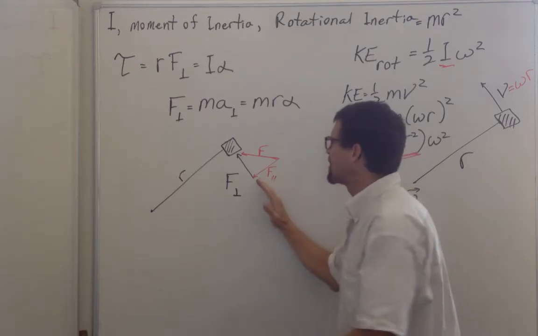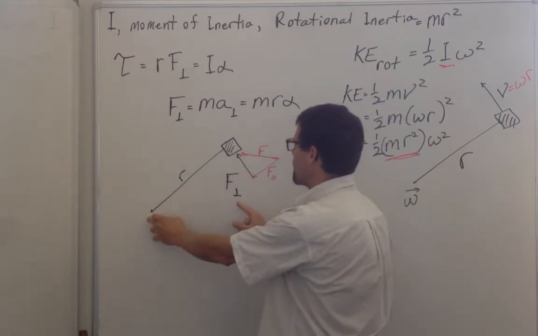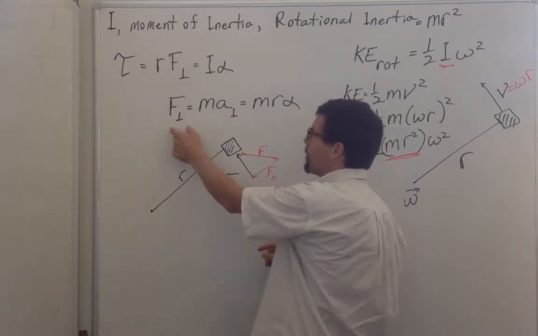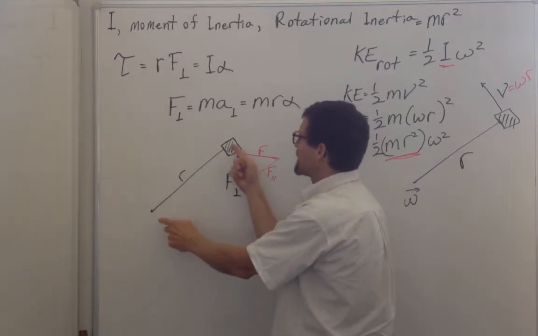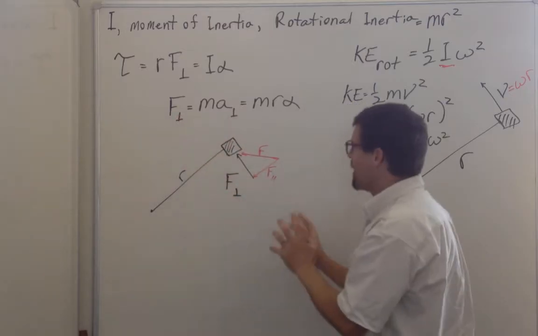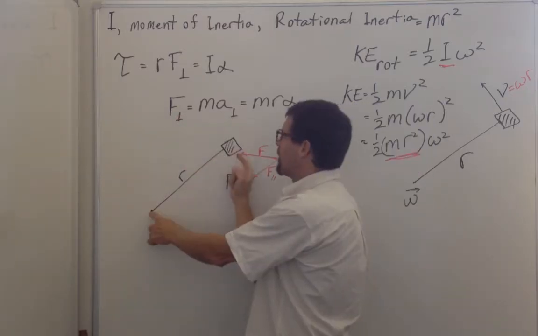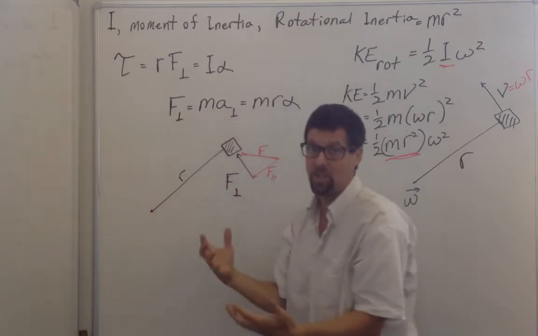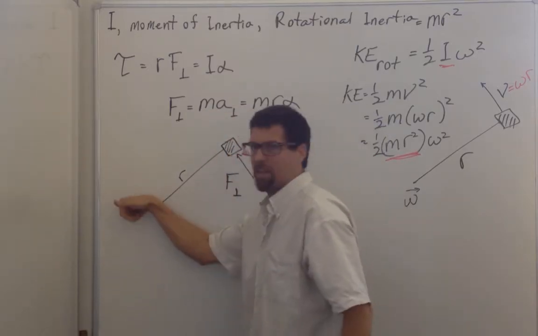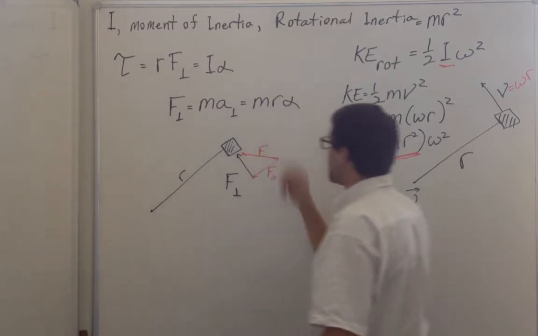The only thing that accelerates the mass is this perpendicular component. And so I can say the perpendicular component of the force is equal to the mass times acceleration in this direction of that mass. But I also remember the acceleration in the perpendicular or tangential direction is equal to the radius times rotational acceleration, alpha.